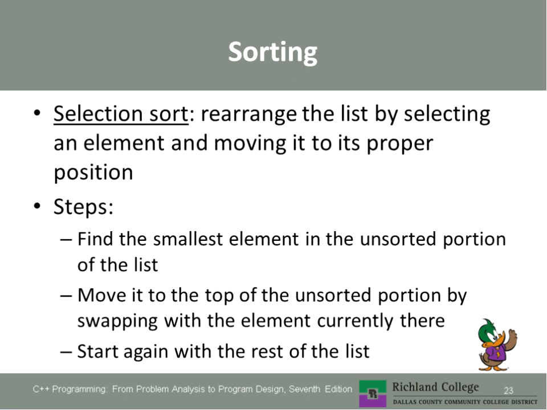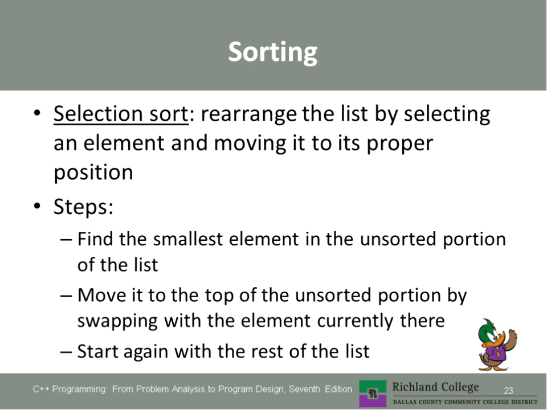So that's why the whole concept of sorting is going to be important. There are many different ways to search a group, and many different ways of sorting a group, and one of those ways is a selection sort.